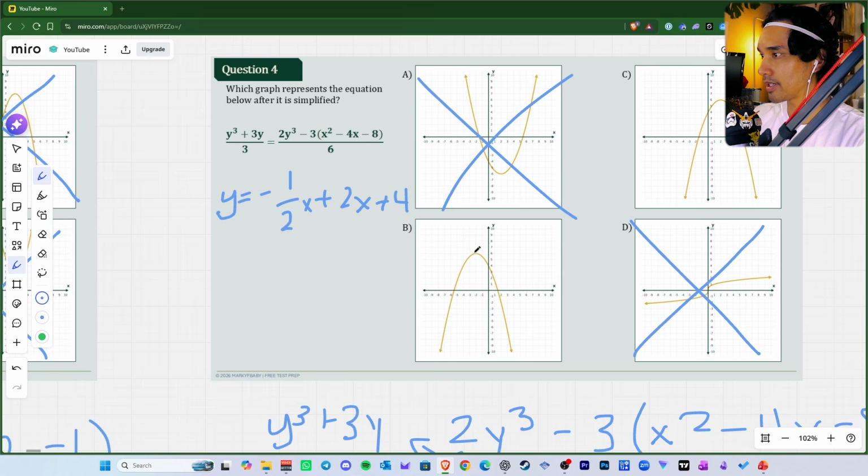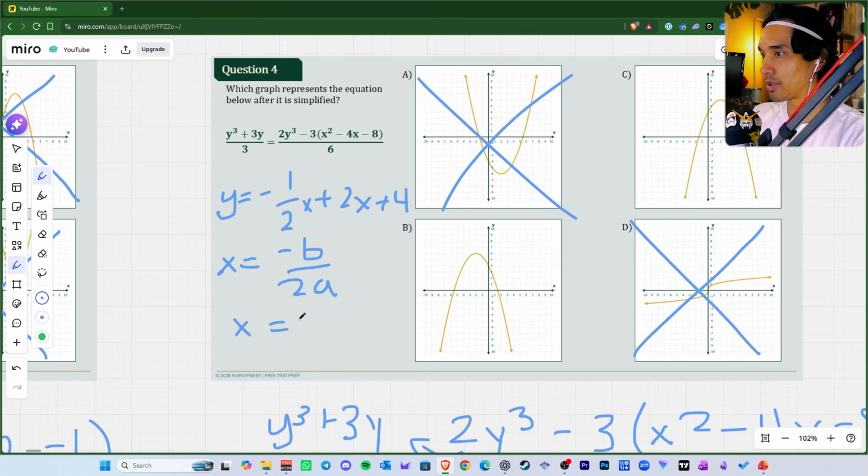Now the vertex is here in quadrant 2, and the vertex is in quadrant 1 over here. So that gives me full confidence that I can use x is equal to negative b over 2a. Let's go ahead and do that.